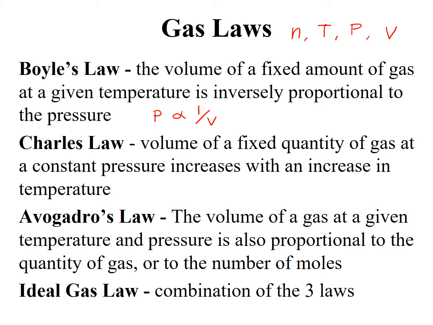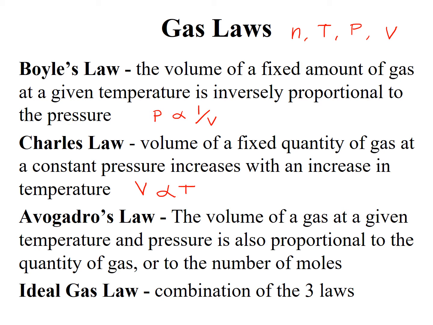Now, in 1787, Jacques Charles found that the volume of a fixed quantity of gas at a constant pressure increases with an increase in temperature. So here, Charles said that volume is directly proportional to temperature.